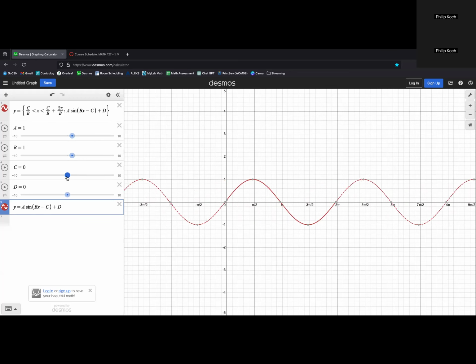So back to 0. If the C value is positive, you start shifting to the right, whereas if your C value is negative, you start shifting to the left. And then last but not least, D goes up and down. Whee!